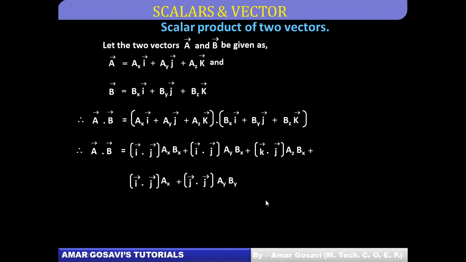That should be the third term. So K cap dot J cap is the third term, and obviously the coefficients in that case AZ and BY. Here instead of equal to, it should be AZ BY. It should be BY.